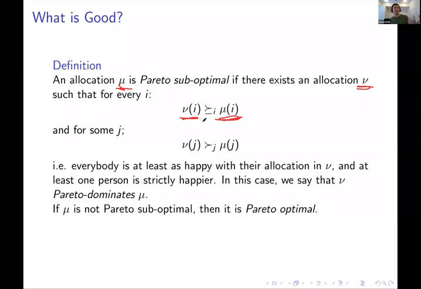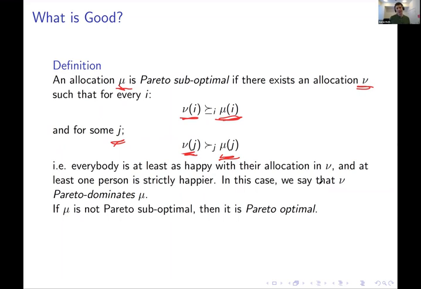And there's at least one person, J, who's not indifferent, such that they strictly prefer their allocation in nu compared to their allocation in mu. So we say that an allocation is Pareto suboptimal if there's some other allocation which Pareto dominates it, which means that in this other allocation, there's at least one person who's strictly better off, and there's nobody who's strictly worse off.